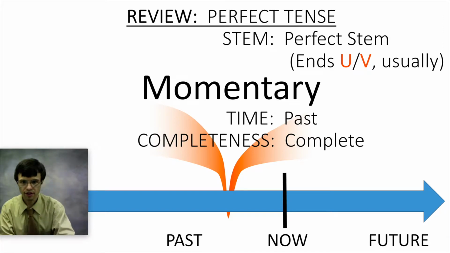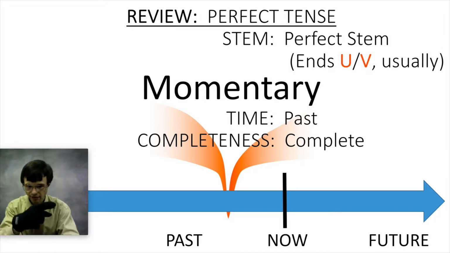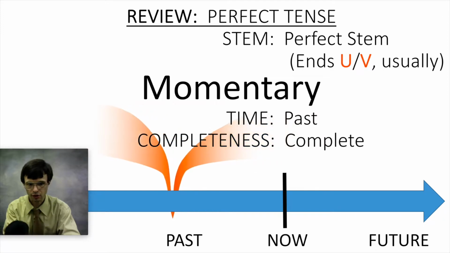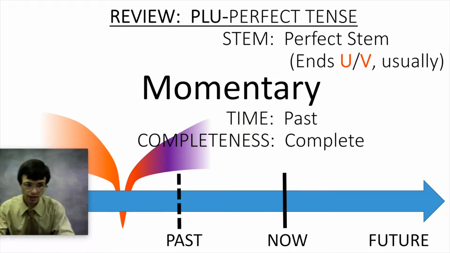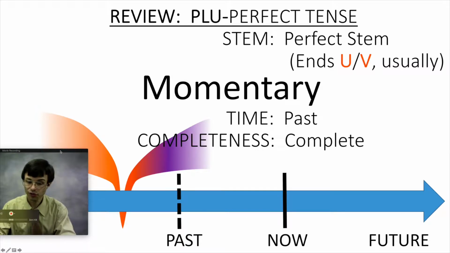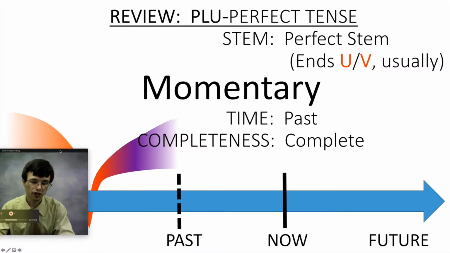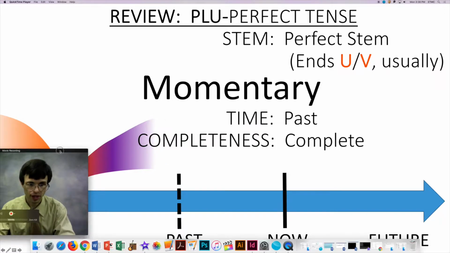Now, the perfect tense was past time and complete, and it could be in any of that area there. However, today the pluperfect tense is also time past and also complete. It's just going to be in a farther back area, even further back in time.